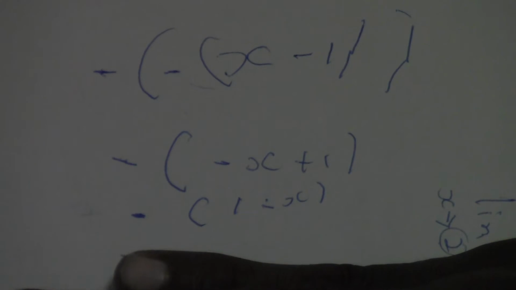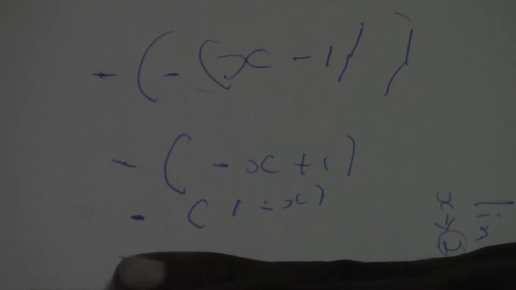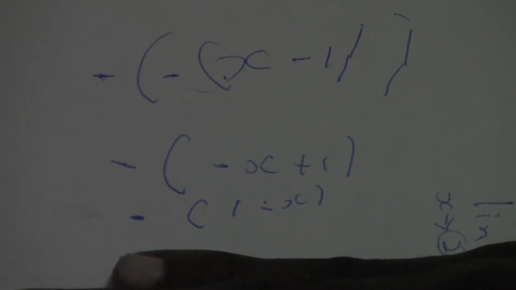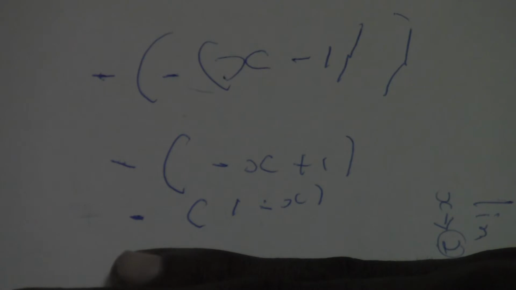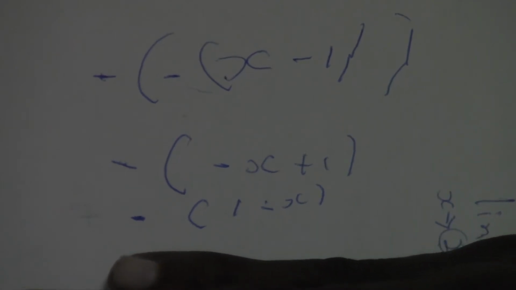So just rearrange that. Nothing else changes. So you call x minus 1 negative of negative x plus 1. You didn't change anything. And then you just rewrote that as negative of 1 minus x.